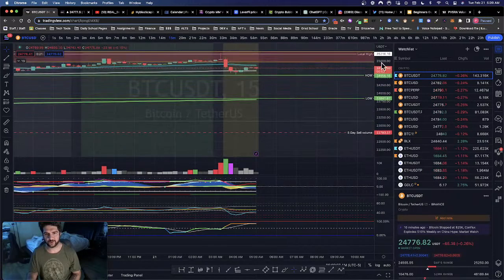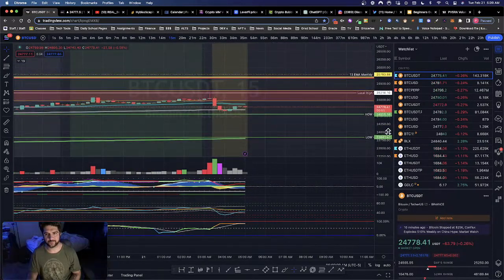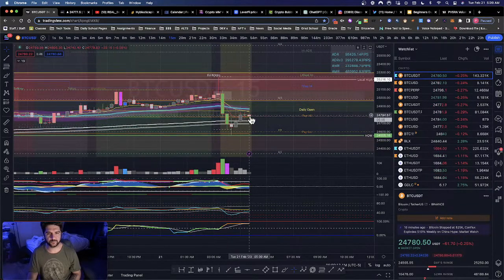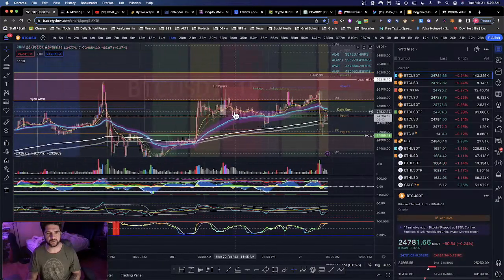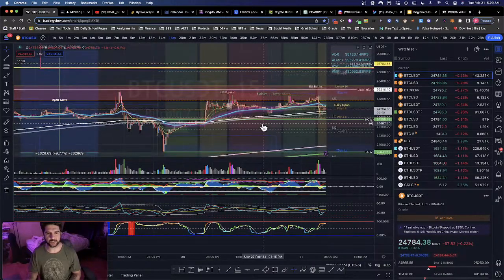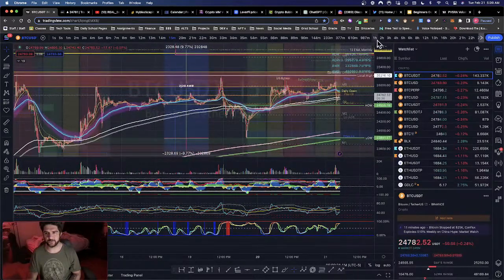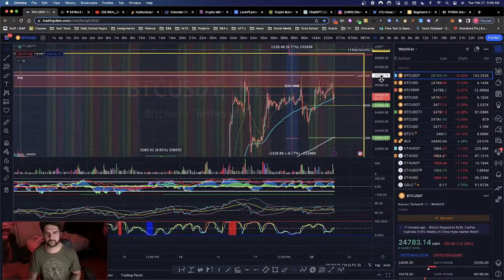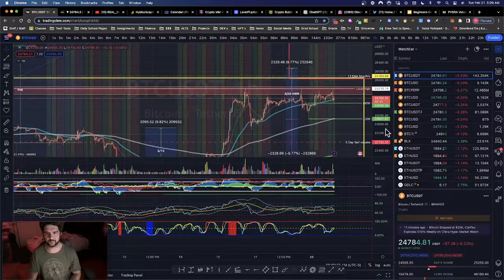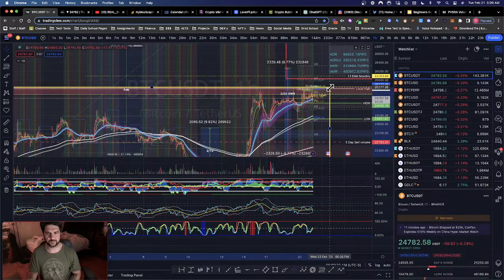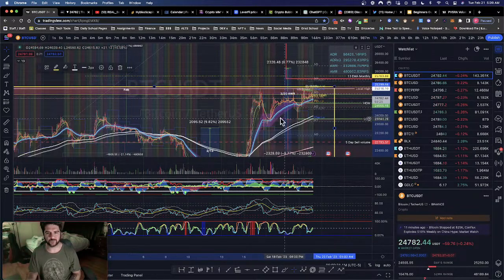What's going on the 15-minute? Let's see if you make a W. Maybe you make a W, on the count at least. Zooming out. If this is level 2, and this is the second wave in level 2, looks like you're almost finished in here.